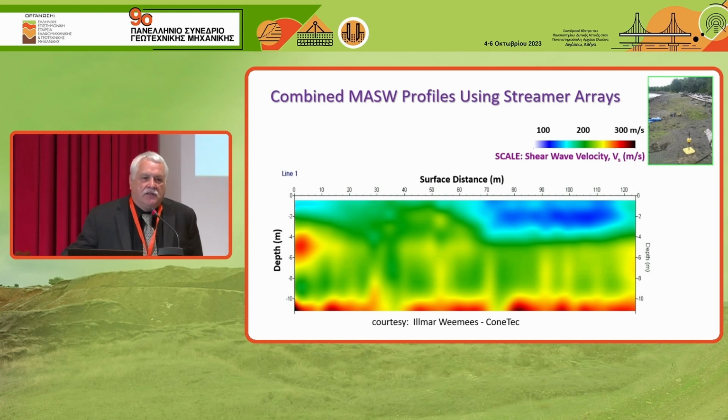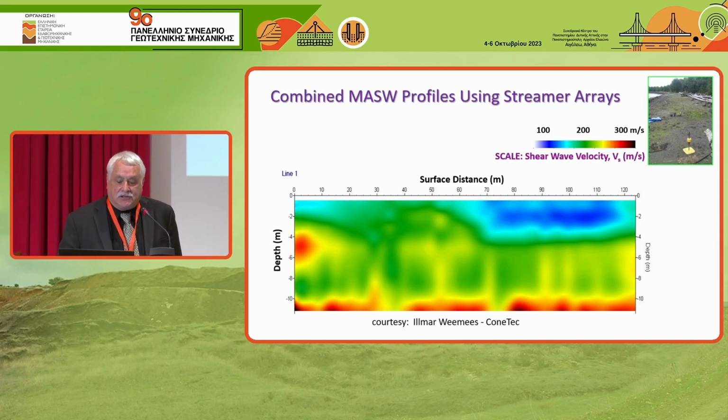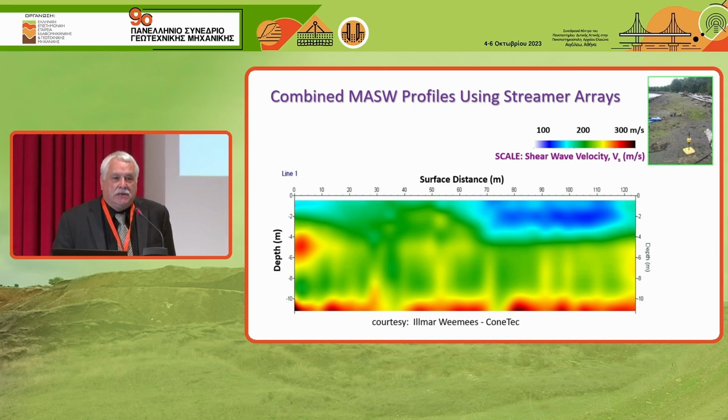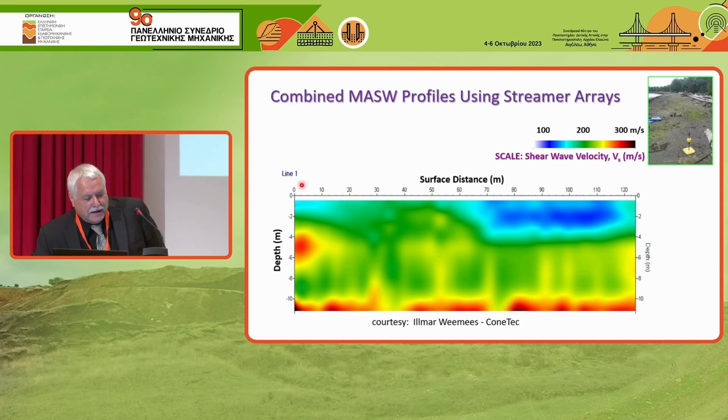So that's what these are. These are all a whole series. I forgot to count them up, but let's say 150 1D profiles side by side, and just plot them next to each other. So they just plot these vertically next to each other.